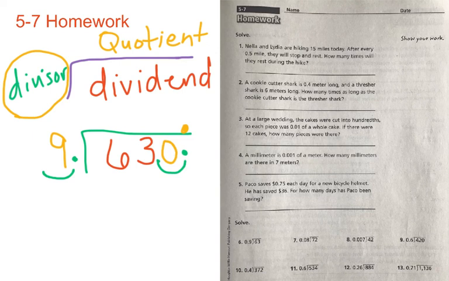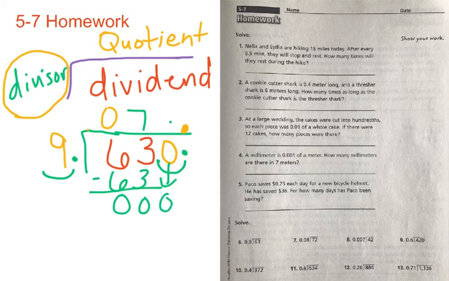So 9 cannot go into 6, because it's too big, and so that's 0. 9 can go into 63, and I know that 9 times 7 is equal to 63, so I can go ahead and subtract. 3 minus 3 is equal to 0, 6 minus 6 is equal to 0. Now I still have a 0 here, so I have to bring that 0 down. 9 can go into 0 0 times, and so your answer is going to be 70.